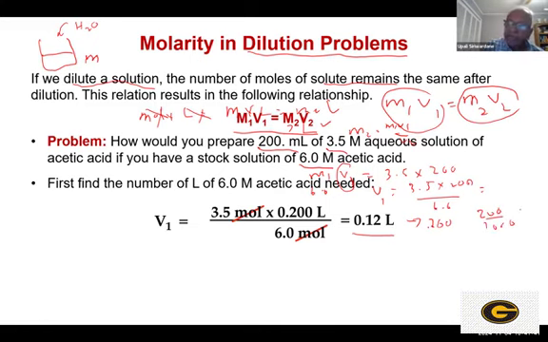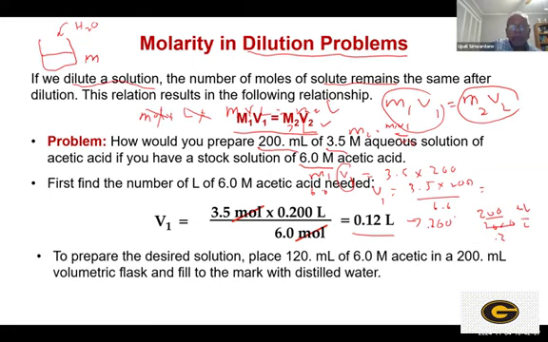Milliliter is converted to liters by dividing by 1000. This is the conversion factor, 0.2. Here liters are converted to milliliters.